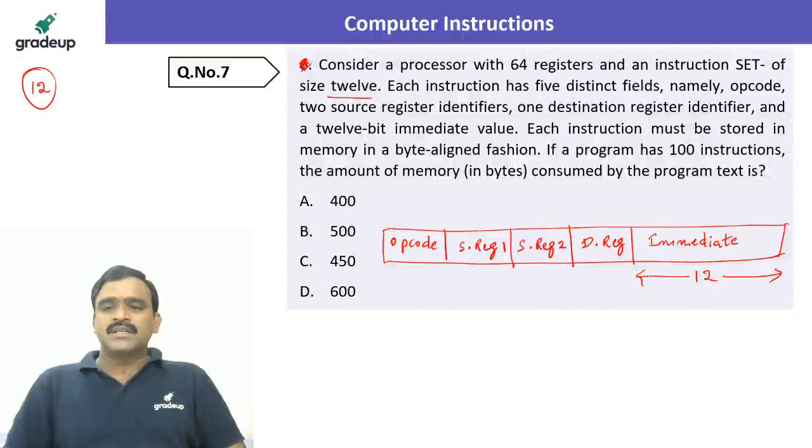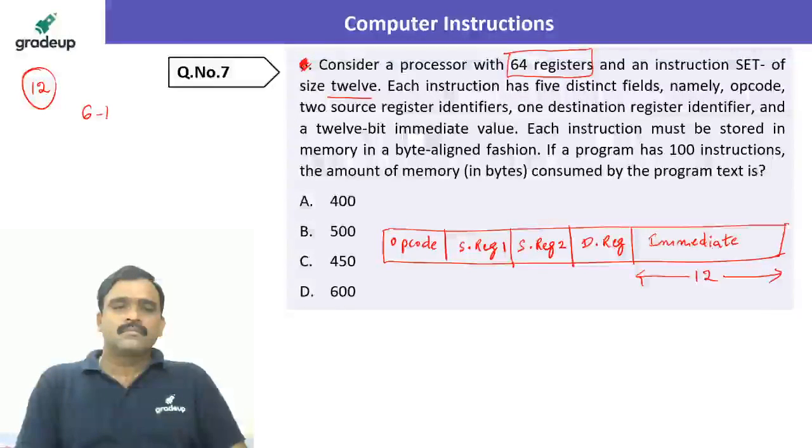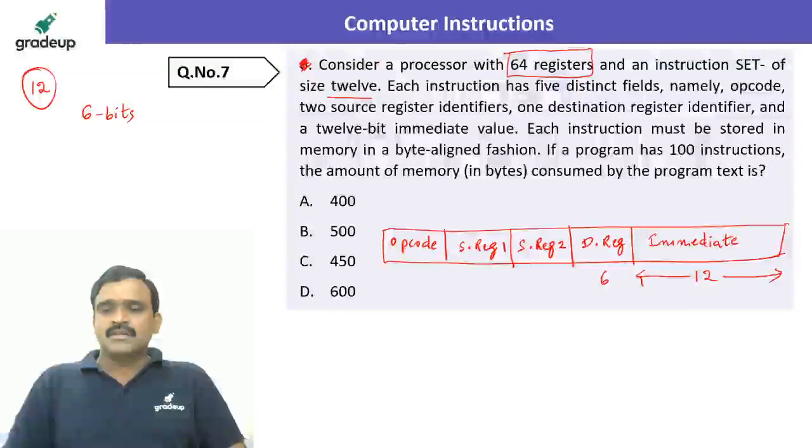And what about the destination register? We are having 64 registers, whether it is a source register or destination register, we have to use 6 bits. So for the destination register we take 6 bits, and every source register also we take 6 bits.